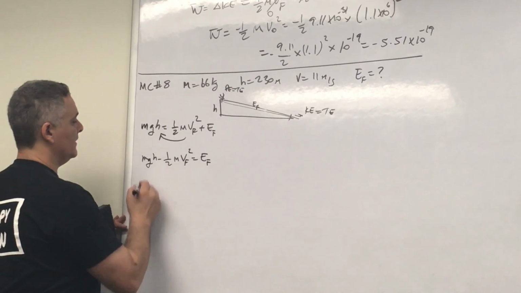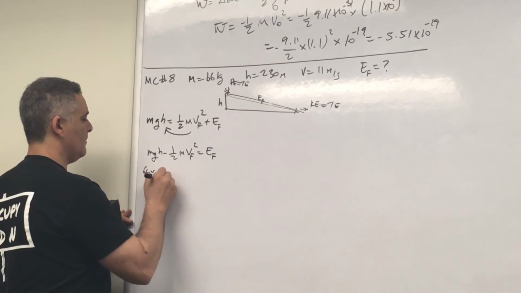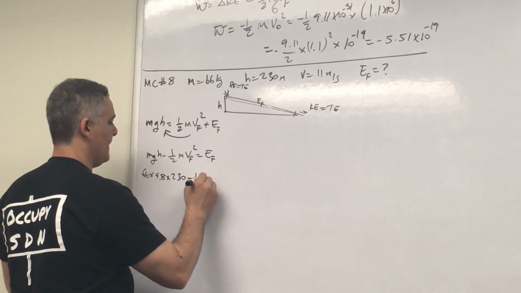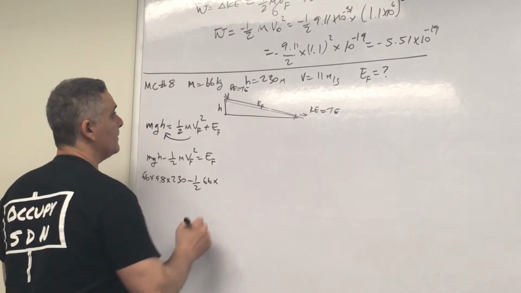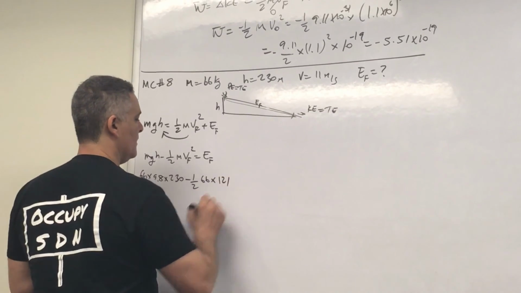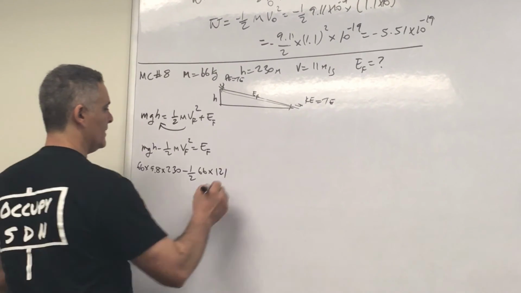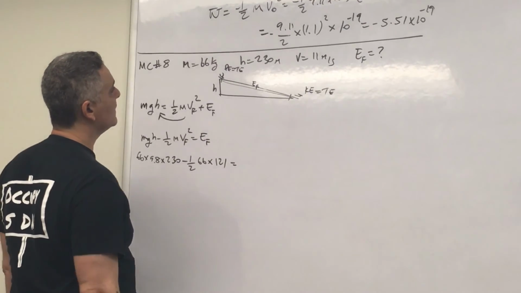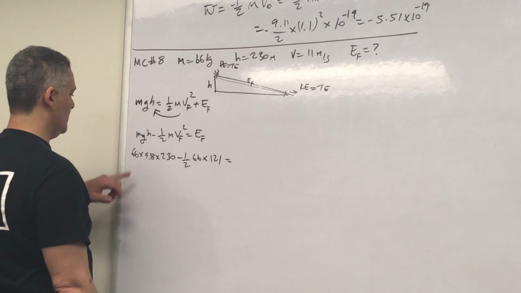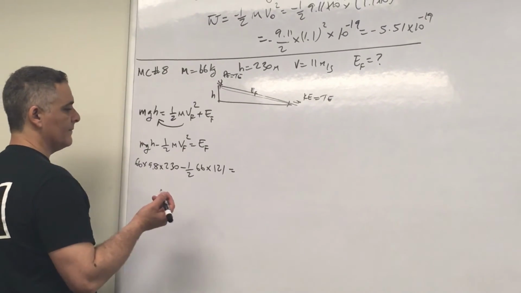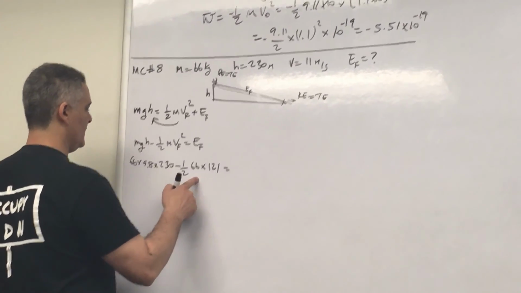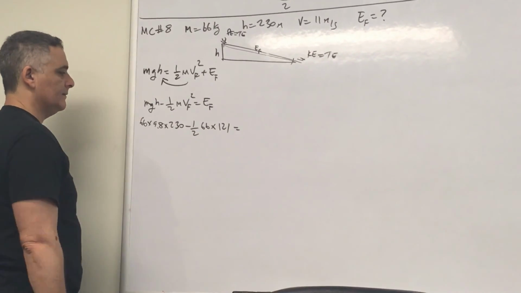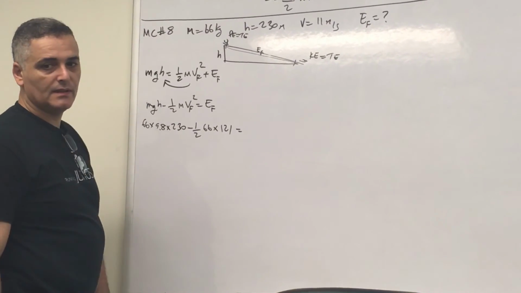mgh is 66 times 9.8 times 230, minus 1/2 times 66 times 11 squared, which is 121. Is that right? Like we're missing something. It's 33,121.